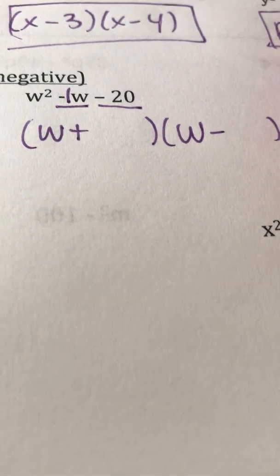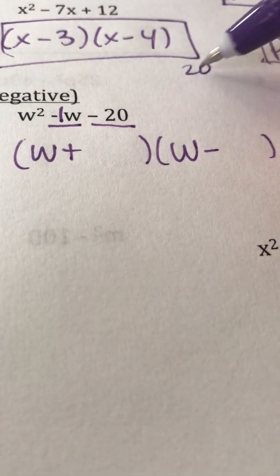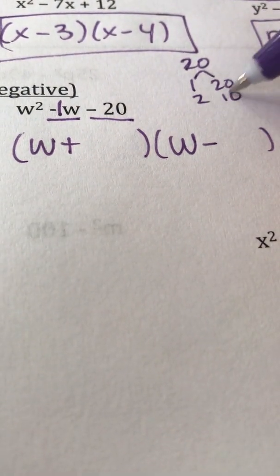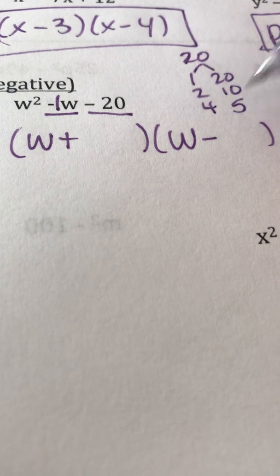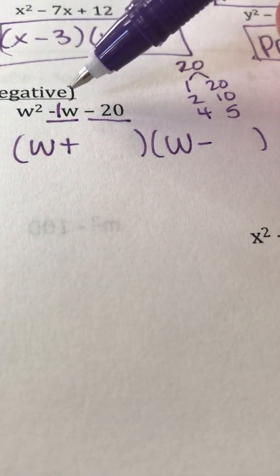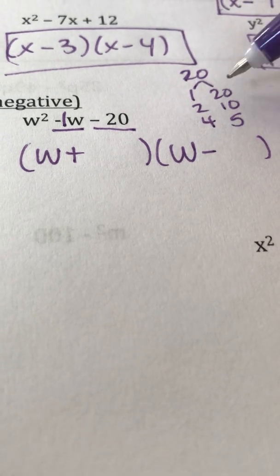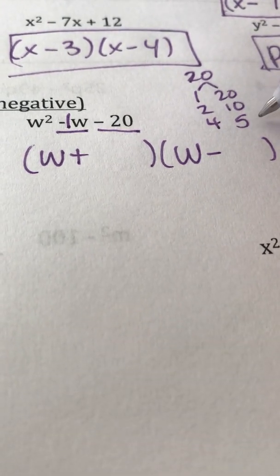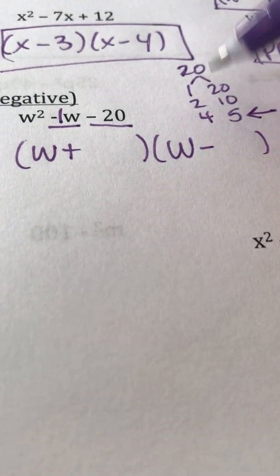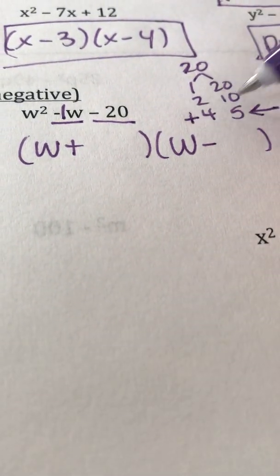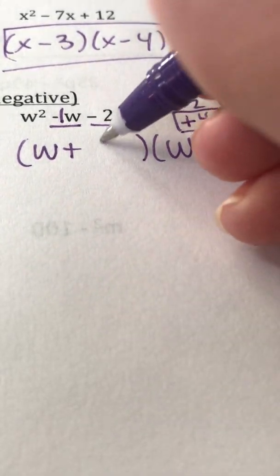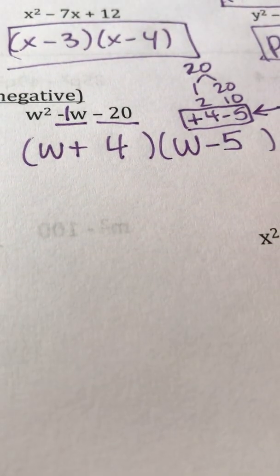Let's look at the factor pairs of 20. I have 1 and 20, 2 and 10, 4 and 5. I want a sum of negative 1, so I'm looking for which pair has a difference of 1, and that is this pair right here. Now, since I want my sum to be a negative 1, my 4 must be positive and my 5 must be negative. So I have a positive 4 and a negative 5.